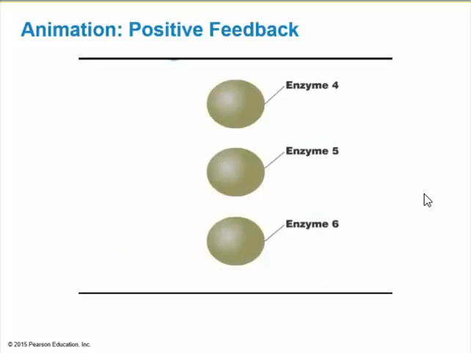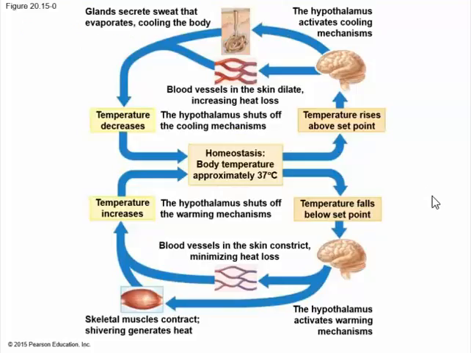Alright, this is an example of a negative feedback control of the human body. Body temperature is approximately 37 Celsius or 98.6 on the Fahrenheit scale. When your body temperature drops, there's a thermostat in your brain, the hypothalamus, and it activates the warming mechanisms. 2 things happen.